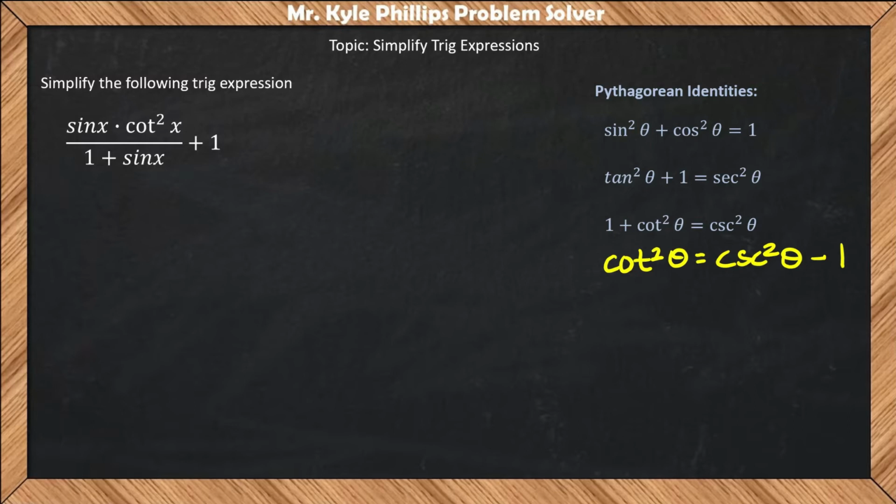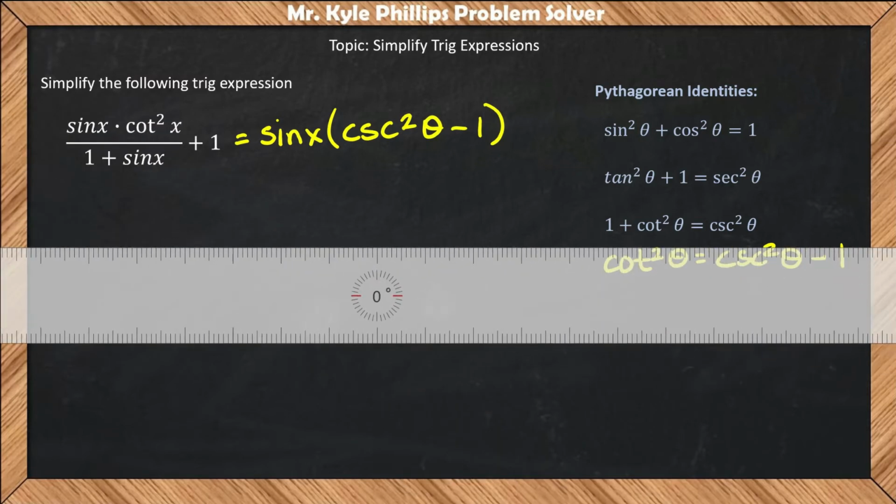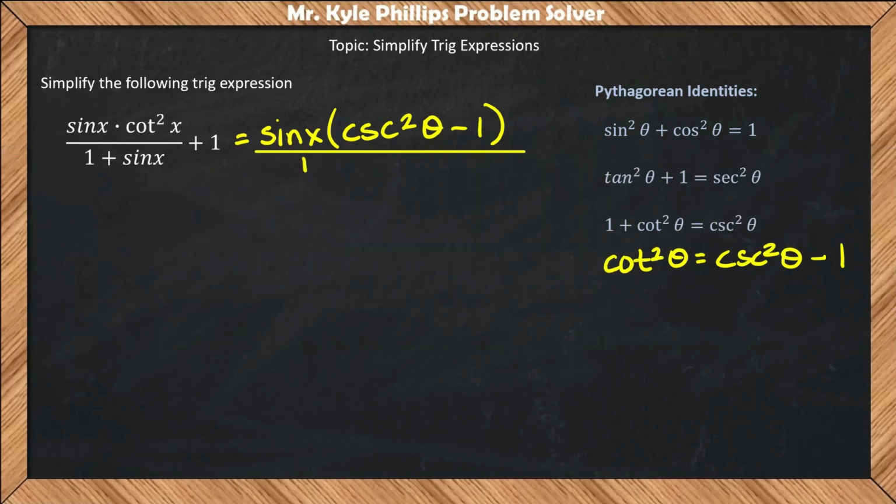So let's rewrite this. Here we have sine of x times, we're going to replace cotangent squared with cosecant squared minus 1. And this will all be over 1 plus sine of x, and then this will be plus 1.